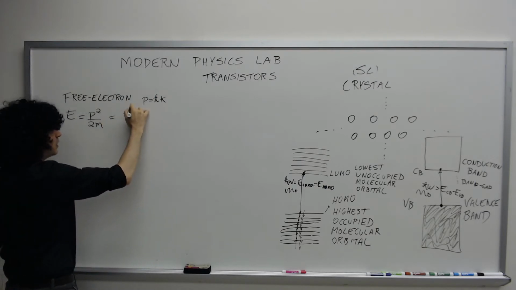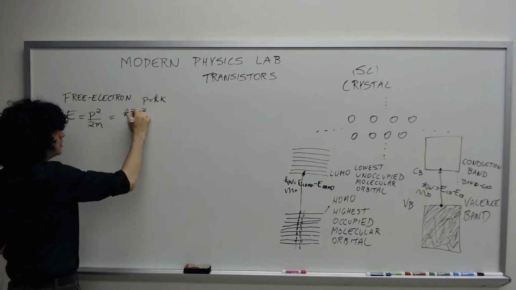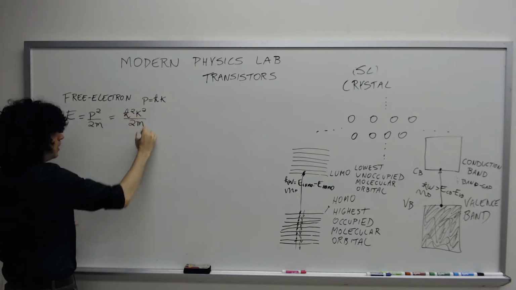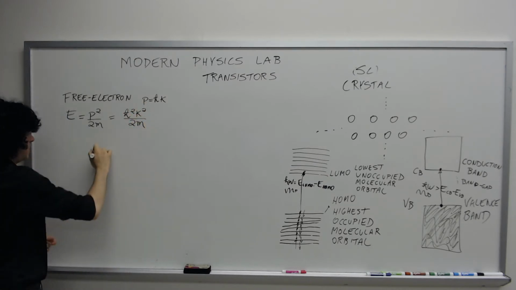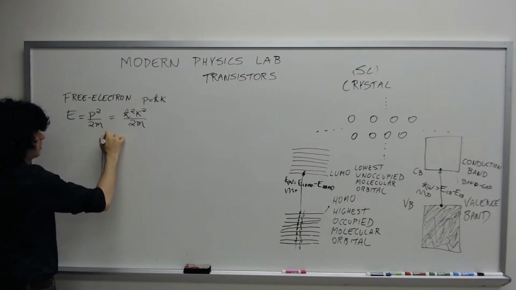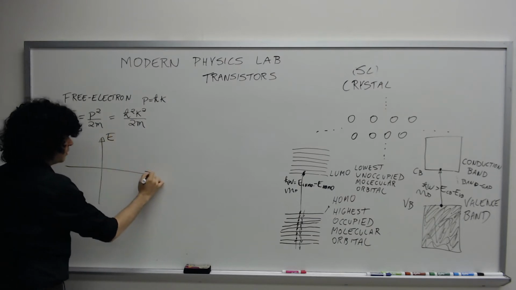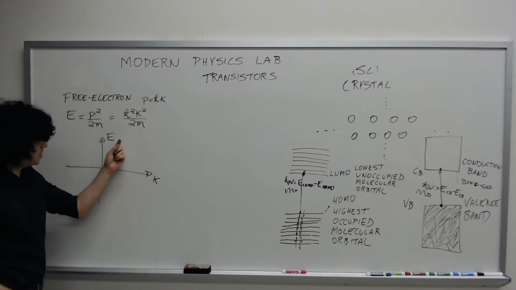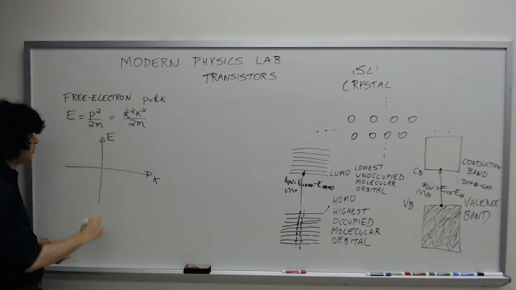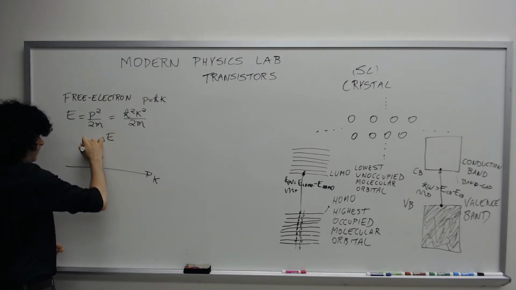So this becomes h bar squared k squared divided by 2m. You can write the dispersion relation, the energy of the electron versus the momentum, and this is a parabola.